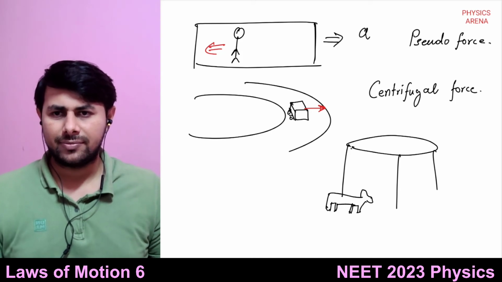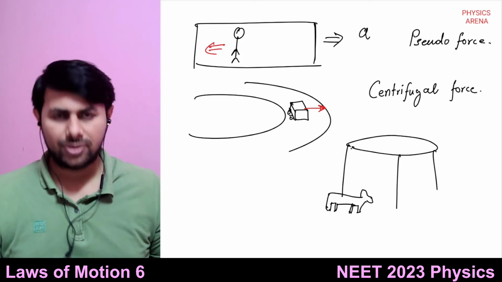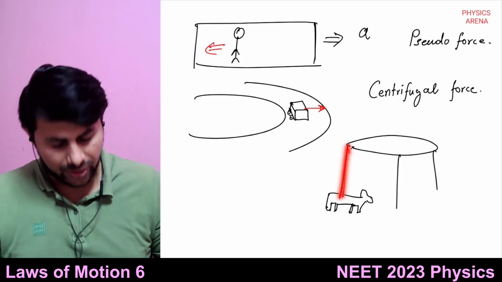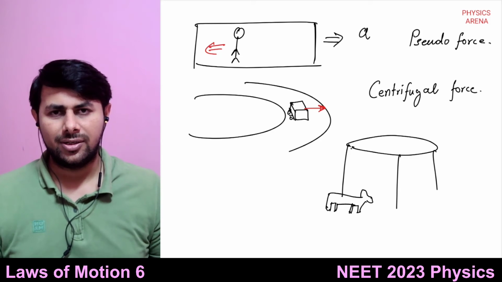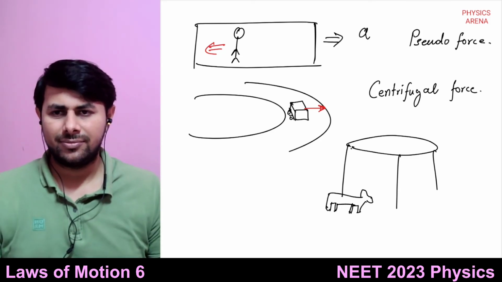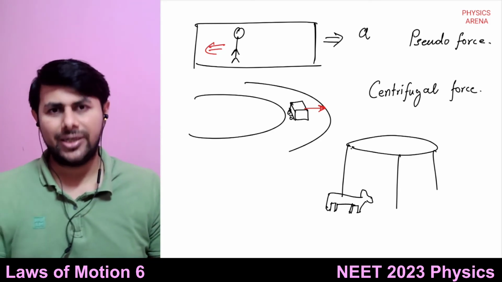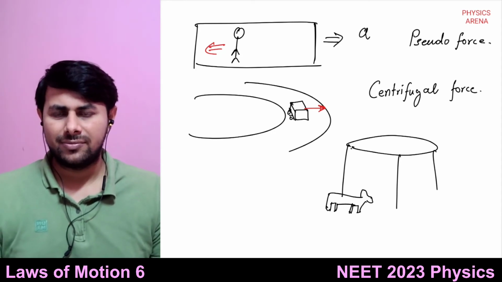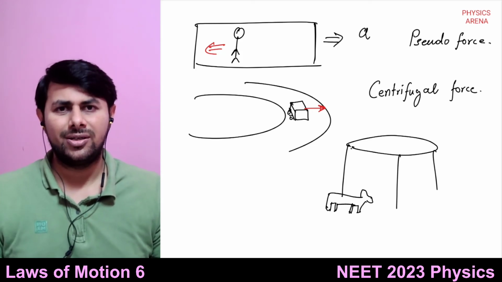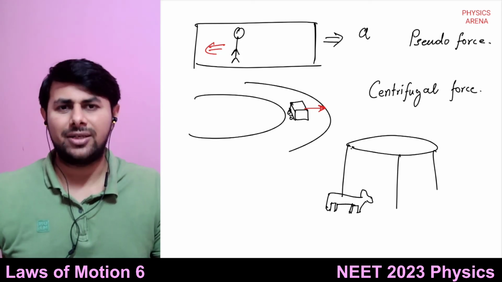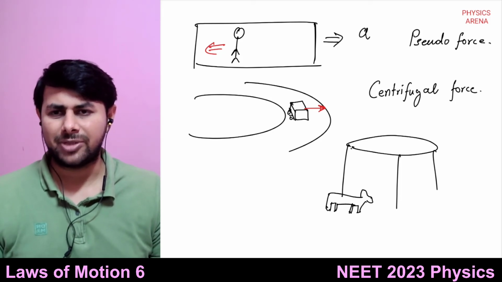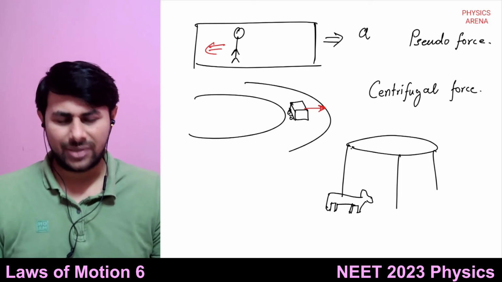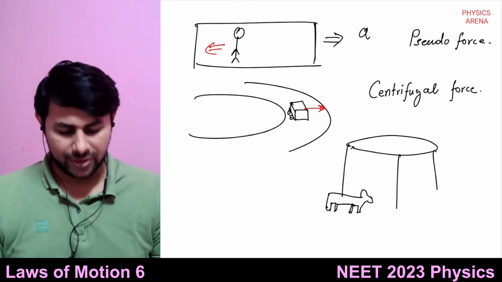What happens? As it rotates faster and faster, this horse and the person sitting on it moves away from the center. So it's like somebody is pulling that person away from the center, but you cannot explain it using any real force. So you say that there is some centrifugal force acting on that person, right? So that is the pseudo force, okay.